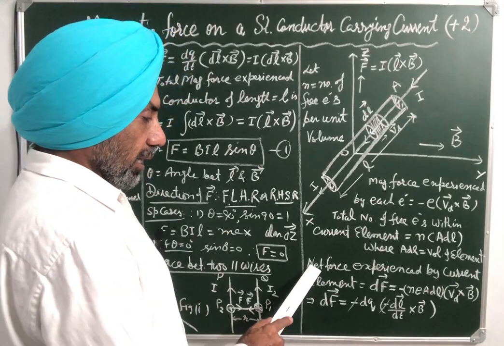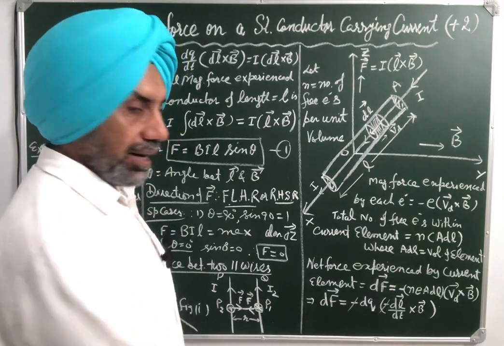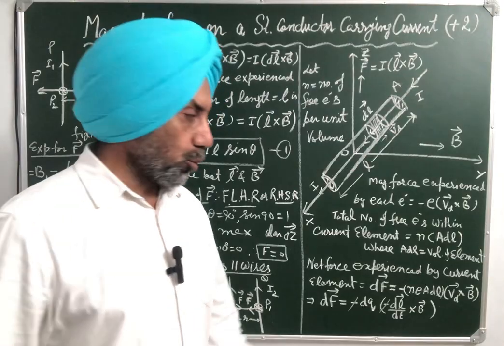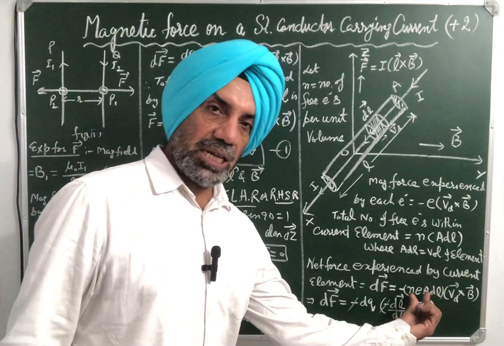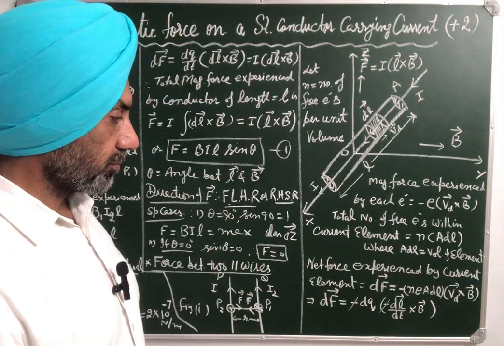So, the net force experienced by the current element, dF vector, is given by minus n e A dl, that is total number of free electrons into the charge on each electron, into Vd cross B vector.